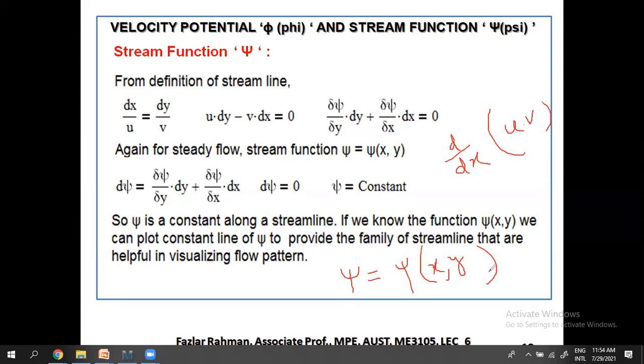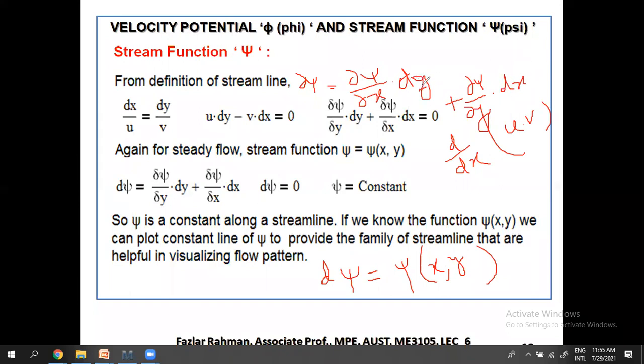So if I differentiate both sides, the left side will be del psi, right? So our equation will be: del psi equals, you take the derivative with respect to x, so del psi divided by del x into del y, then plus del psi by del y into del x.